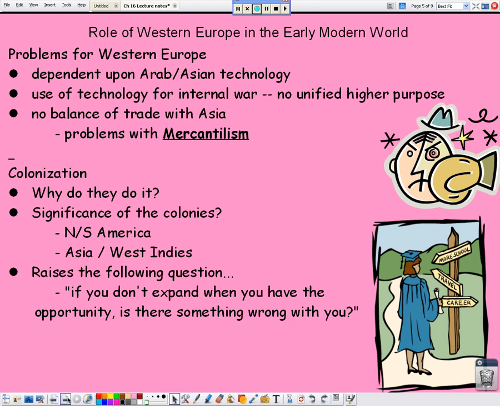One of the Europeans' shortcomings is that they were constantly relying on other civilizations to come up with good ideas and then learn from them. And then once they got all these new ideas, they typically tried to find the best possible way to use that new idea as a weapon to fight their other European neighbors. There was really no higher purpose that united Europe.